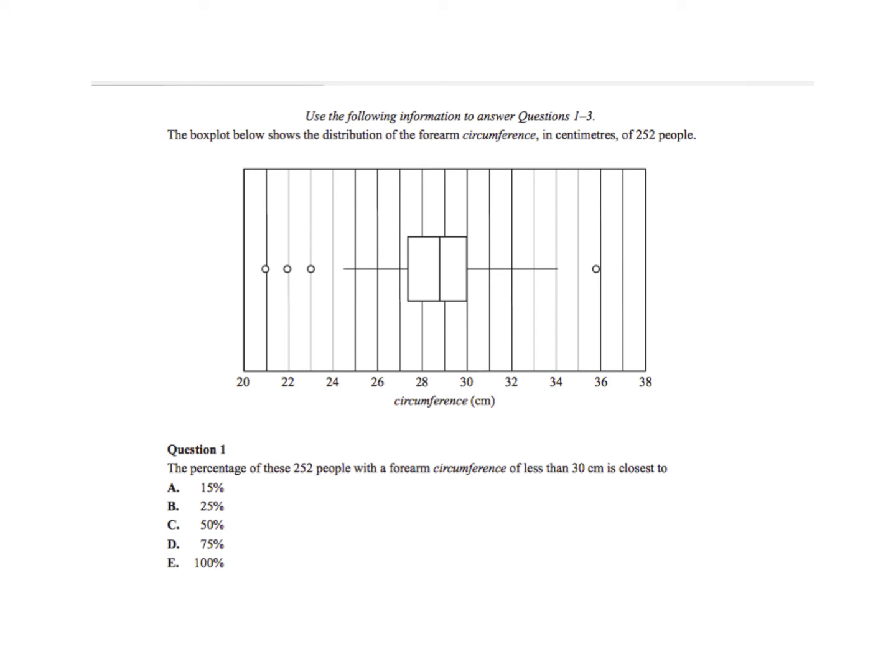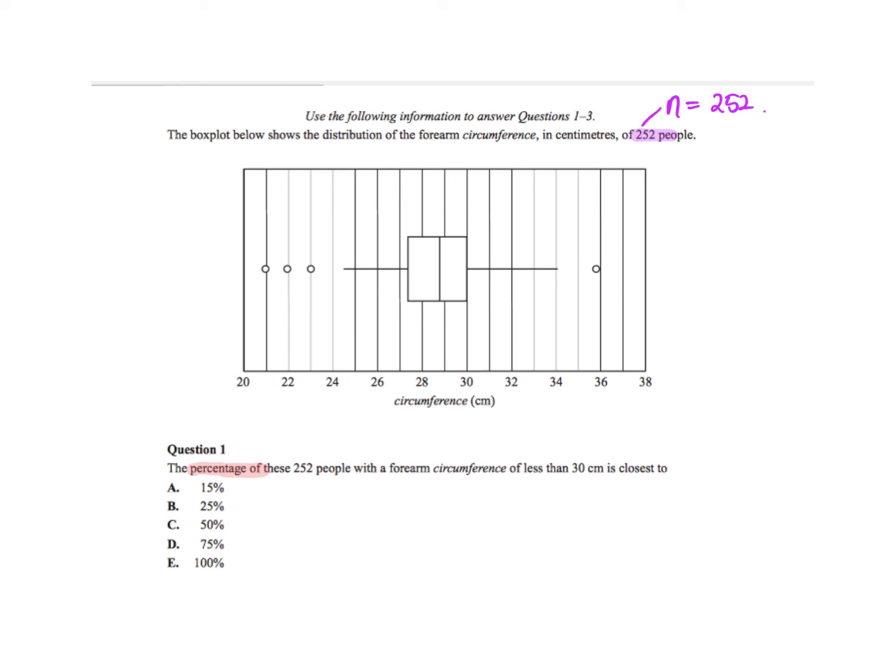So we've got our box plot showing the distribution of forearm circumference in centimetres for 252 people. Right up here, they've given me the N, so I know N is 252, which we might need. Now, the question down here: the percentage of these people.